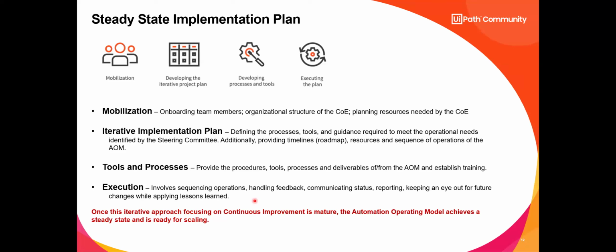So execution: look to the future, apply lessons learned. You Agile folks understand this. What did we learn? What did we do right? What must we do different? What did we do good? Those are the types of questions you usually visit in a retrospective. So we want to apply lessons learned. Once this continuous improvement on our AOM model is refined and matured, then we scale.